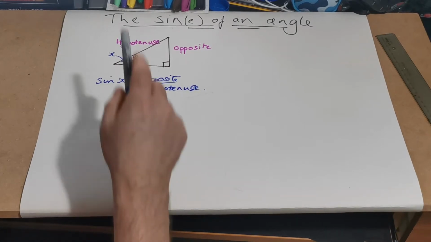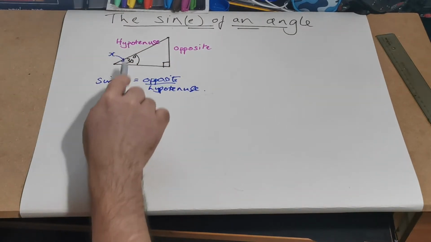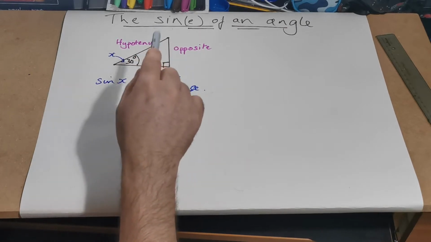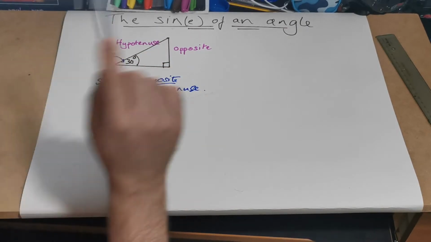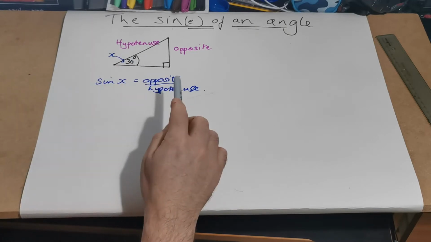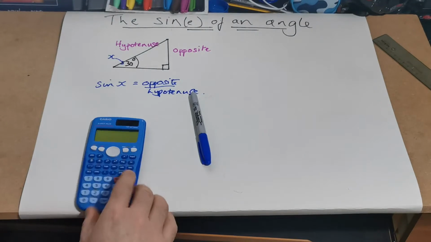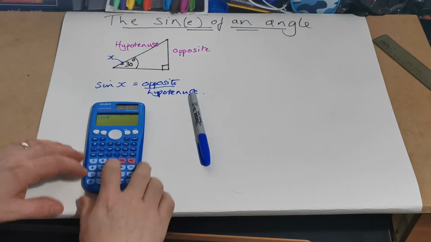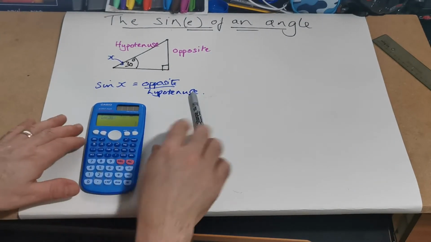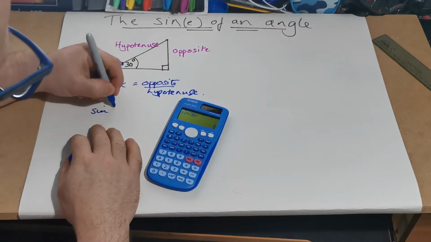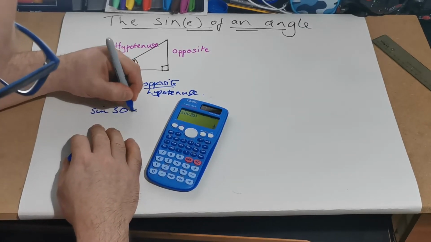Now it turns out that this is consistent. If the angle is 30 degrees, then this answer to the opposite divided by the hypotenuse will always come out to the same thing. So, for example, sine of 30 is equal to a half.